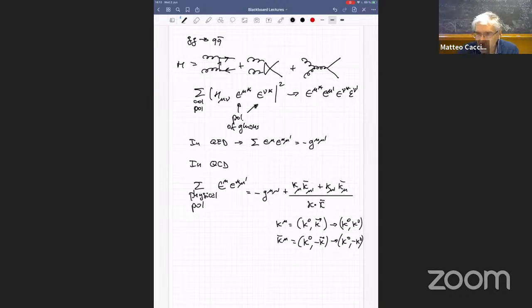If you're doing this by hand, this will complicate your algebra a little bit, but eventually that's what you get. Okay, so this is one way, and it is the typical way to include ghosts in tree-level calculations. In tree-level calculations, the preference usually goes to doing the polarization sum this way.